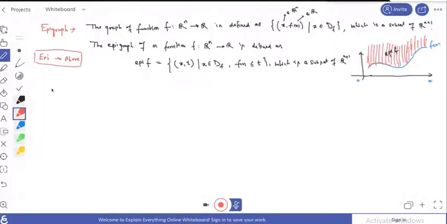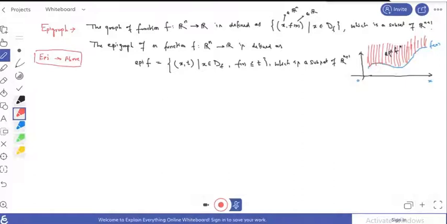Here, for the epigraph, we have no idea about this function f(x), so we draw this curve randomly like this.